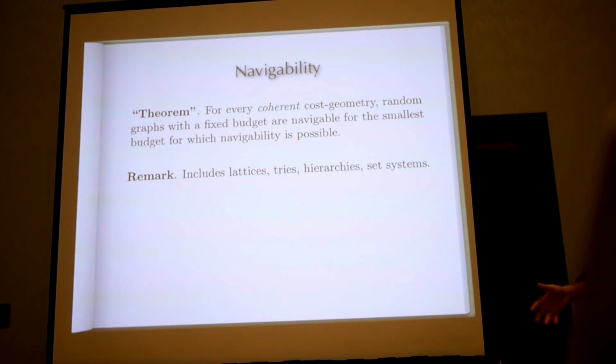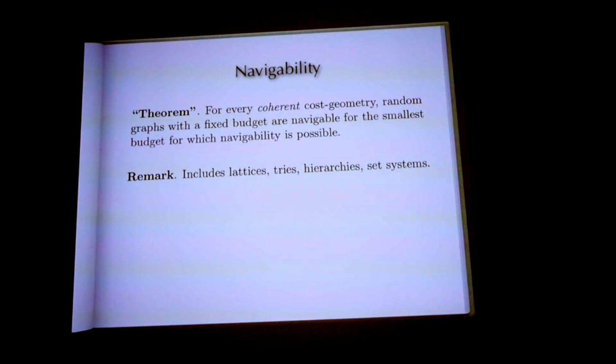And you take a uniformly random graph subject to a budget on this cost geometry. This graph will be navigable for the smallest possible value of the total budget for which navigability is possible. Meaning, if you want to create navigable graphs, the best thing to do is just sit back and watch. You don't have to do anything.